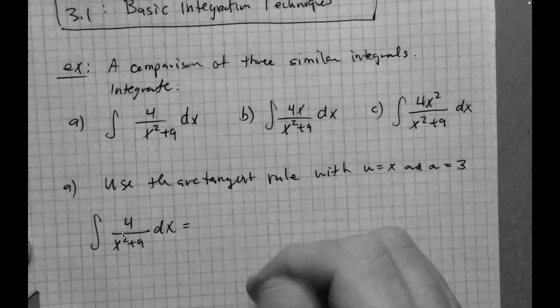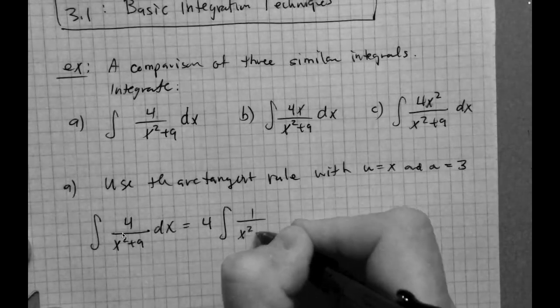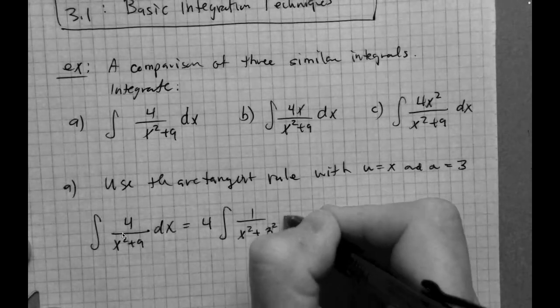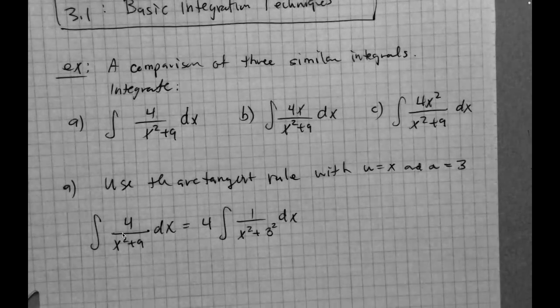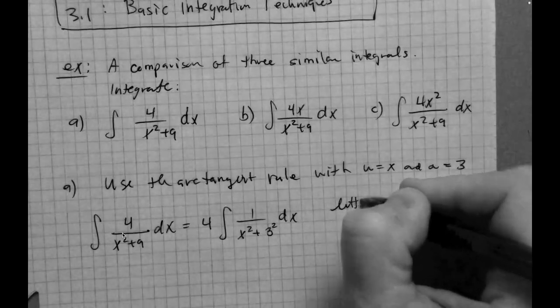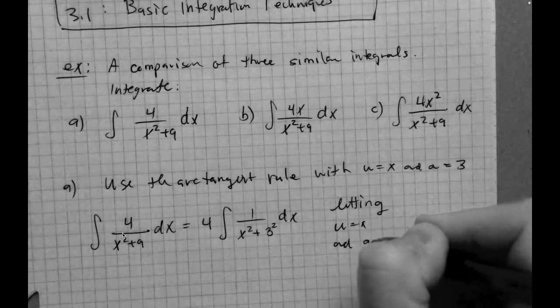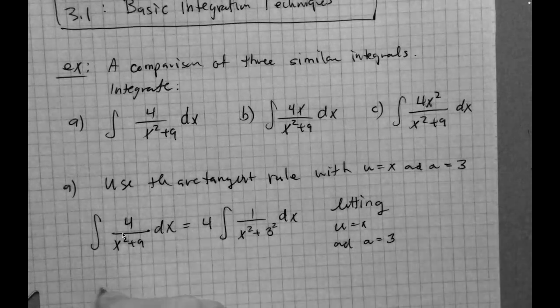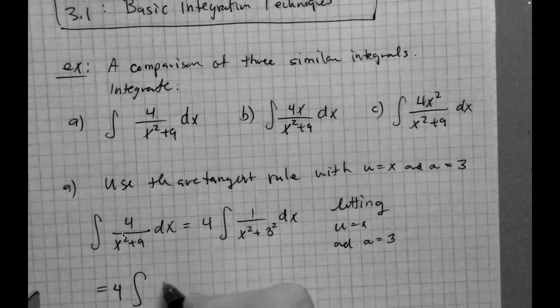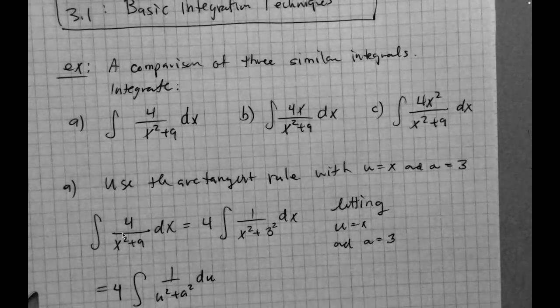Right, and so just going through this, we would pull the 4 outside, and then we would have x squared plus 3 squared dx. Right, and so again, letting u equal x and a equal 3, we get 4 times the integral of 1 over u squared plus a squared du.